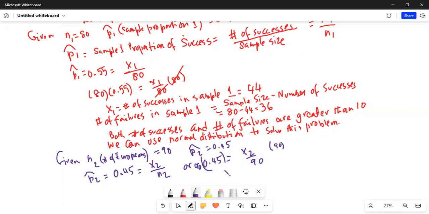So X2 works out to 90 multiplied by 0.45, which is 40.5, which we round to 41. So this is the number of successes in sample 2.